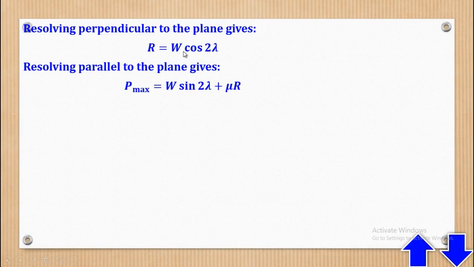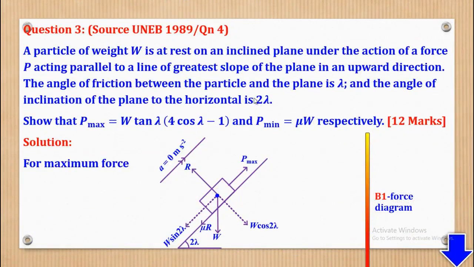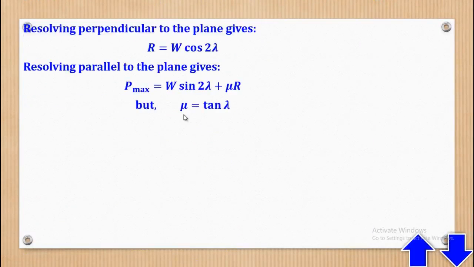So R is W cos 2 lambda, and mu is the same as tan lambda, because they told us in the question that lambda is the angle of friction, and remember angle of friction is arc tan mu, therefore when I make mu the subject, it will be tan lambda.